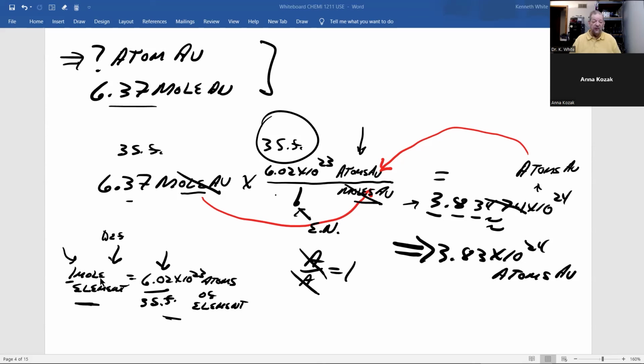Well, you've learned, and this will be important information, 1 mole of an element equals Avogadro's number, 6.02 times 10 to the 23rd atoms of an element. So the ratio is moles of an element, 1, and number of atoms, Avogadro's number. Then notice moles of Au divided by moles of Au: anything divided by itself equals the number 1. It's gone, and I'm left with atoms of Au, which is my answer.